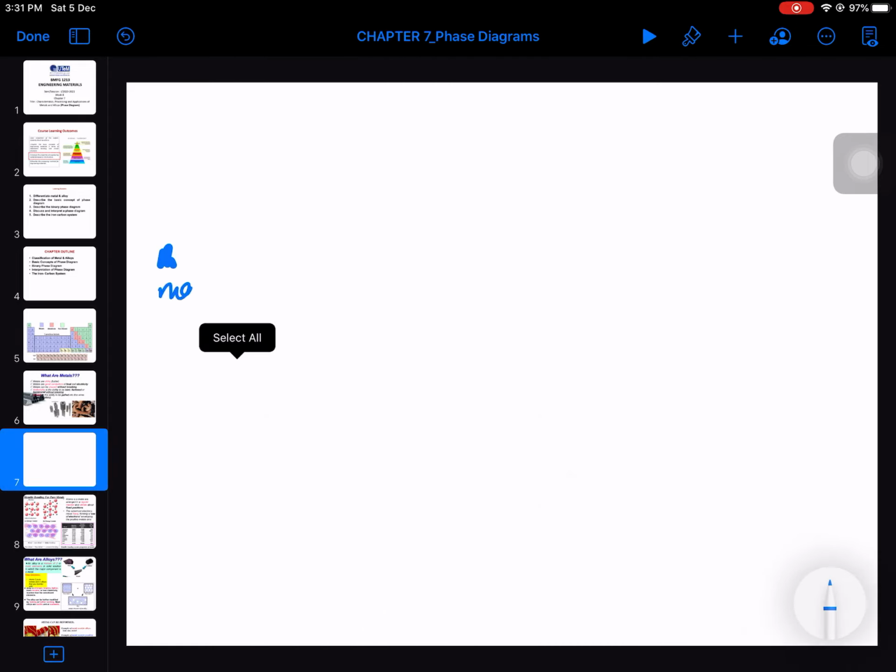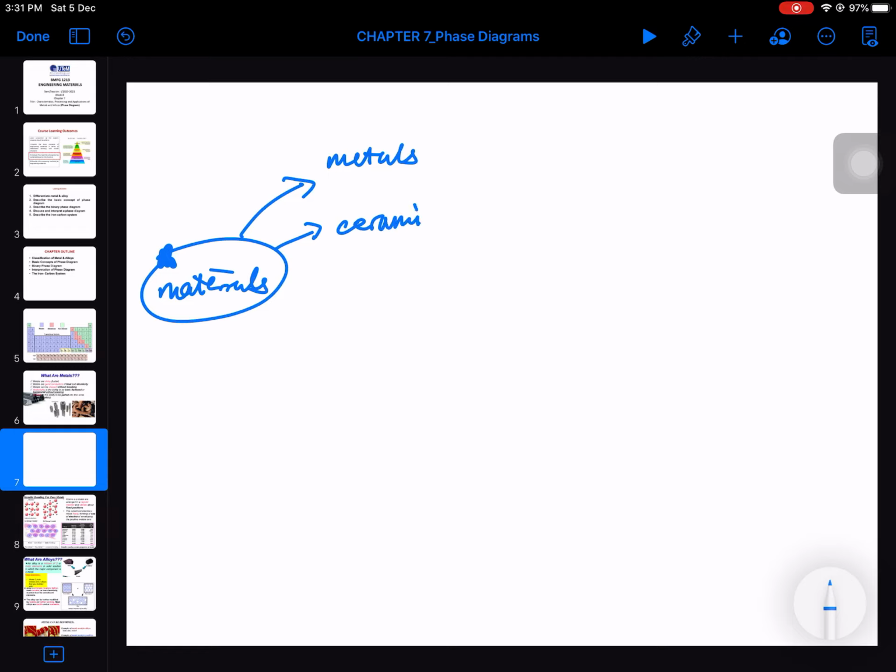Materials can be classified into a few categories: we have metals, ceramics, polymer, and also composite. This is the basic classification of materials.